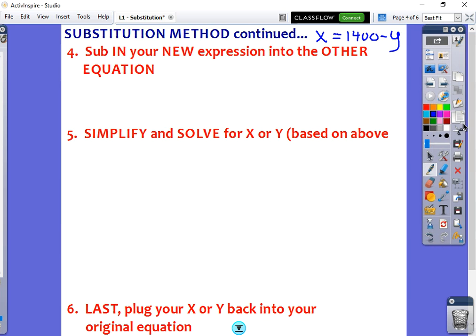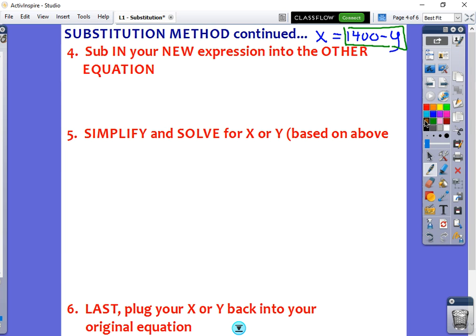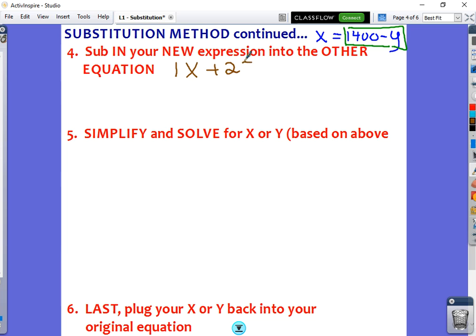That's a very, very important statement, because if we know what x is equal to, we can now come back to the second equation. Let's rewrite it: 1x plus 25y equals 6,200.